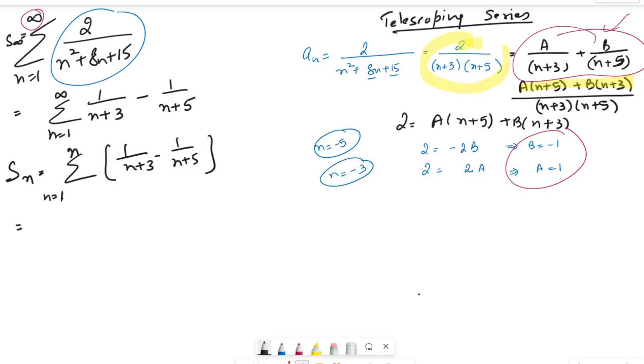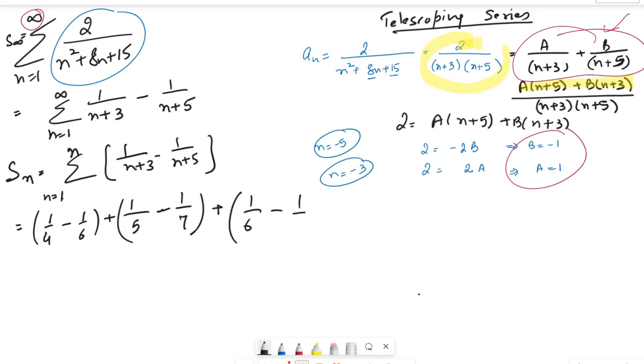When I put 1 in there, this will be 1 by 4 minus 1 by 6. When I put 2 in there, this will become 2 plus 3, 5, minus 2 plus 5, 7. When I put 3 in there, this will become 1 by 6 minus 1 by 8. When I put 4 in here, it will be 1 by 7 minus 1 by 9.